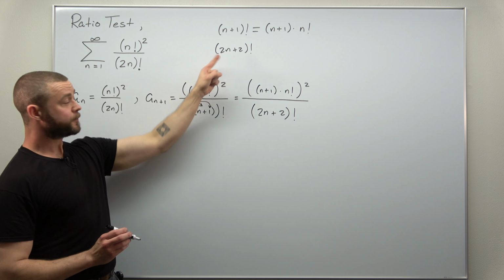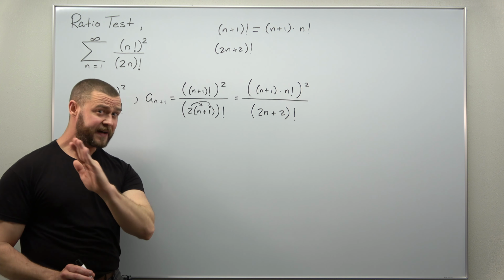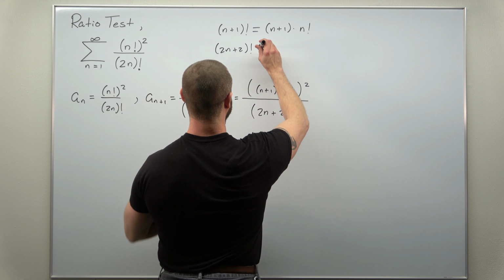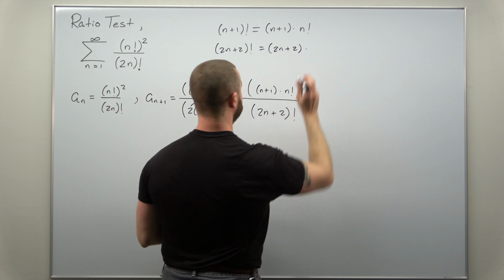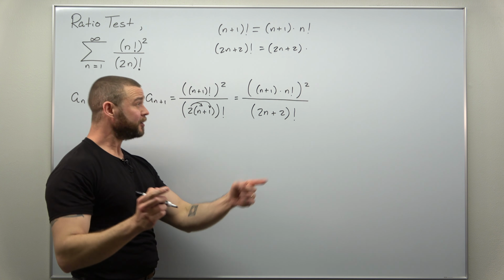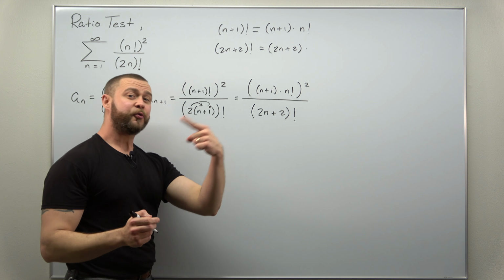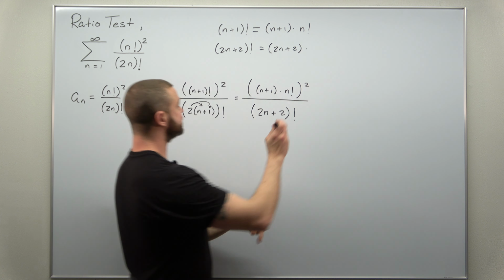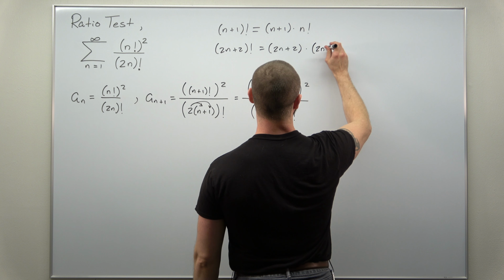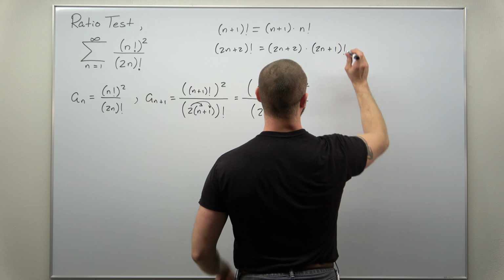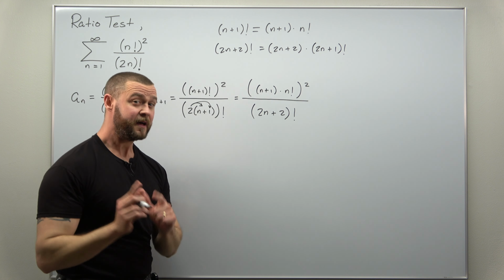Let's apply that here. So, applying our factorial property, we have our integer, 2n plus 2, and now times that integer's previous factorial, which is 1 less. 1 less than 2n plus 2 is 2n plus 1 factorial.